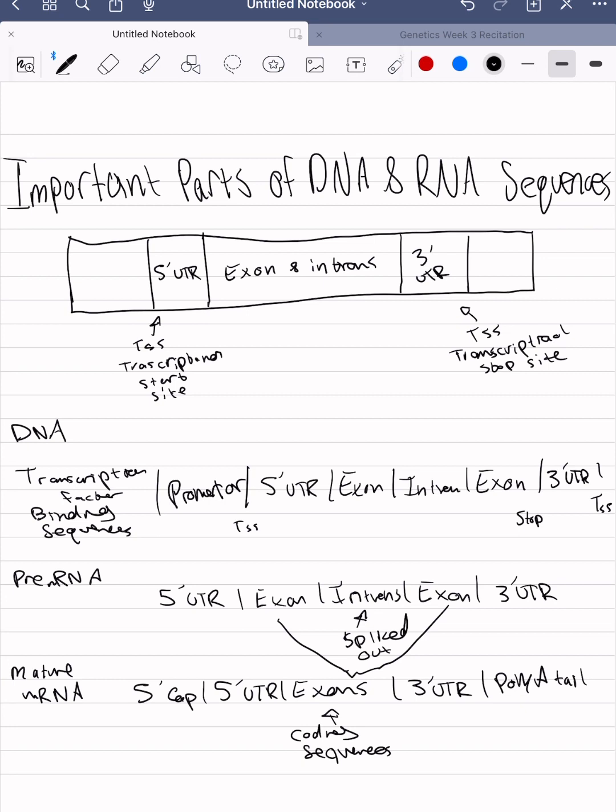Now it can get confusing because I like to think of introns as included, and it can confuse you sometimes. So there's a way to think about it that'll make it stick in your head a bit better. Think of exons as extra important.